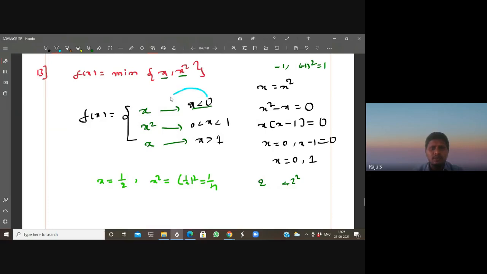Lesser than 0 means left hand continuity at 0: substitute 0 directly, 0. Then right hand continuity, substitute 0 here, 0. Left hand continuity is equal to right hand continuity at 0. It is continuous at 0.